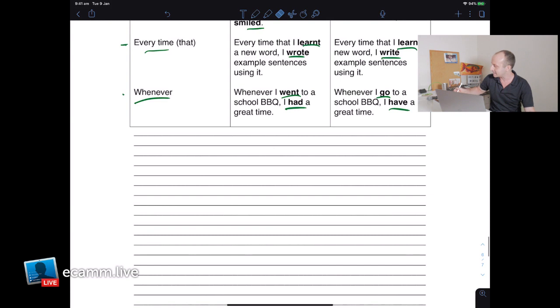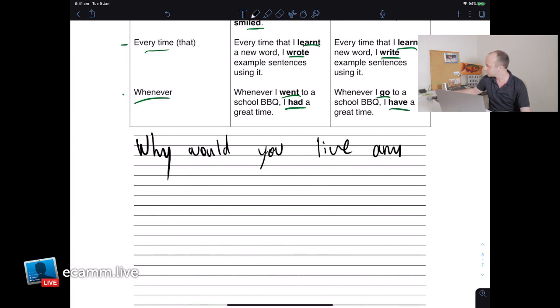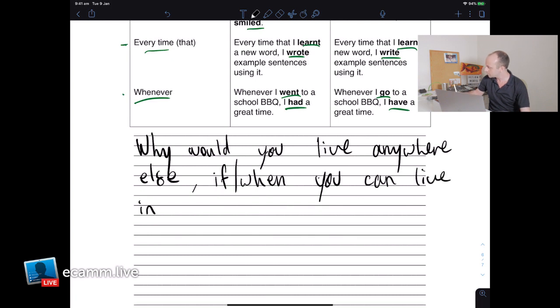So the example that Jackson had was, why would you live anywhere else when you could live in Australia?